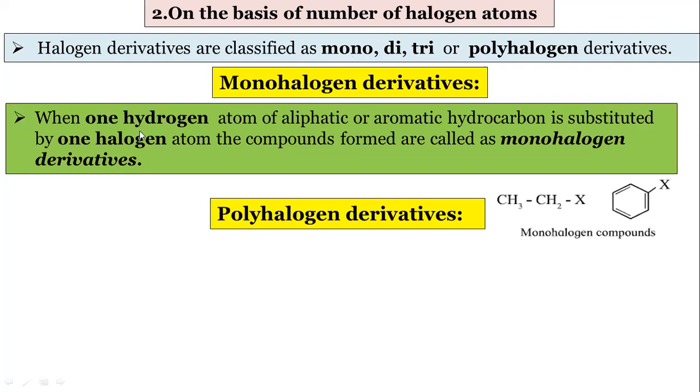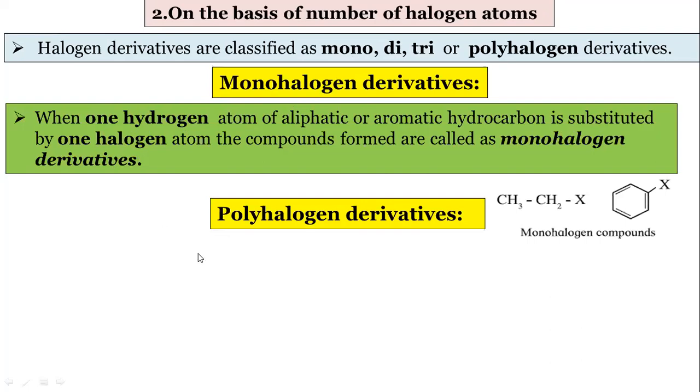When only one hydrogen, mono means single, of aliphatic or aromatic hydrocarbons is substituted by one halogen, it is called monohalogen derivatives. That is single halogen derivatives.